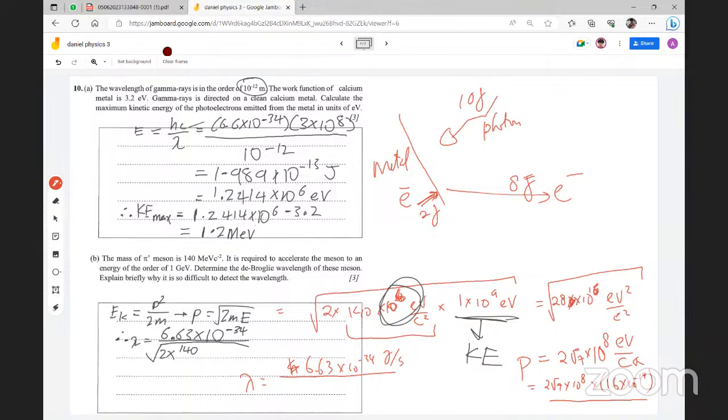Okay, carrying the eV. Now I care about the c, which is very conveniently in your data booklet. Is it 3 times 10 to the power of 8, or is it something more accurate than that? c is 3.00 times 10 to the power of 8 meters per second.